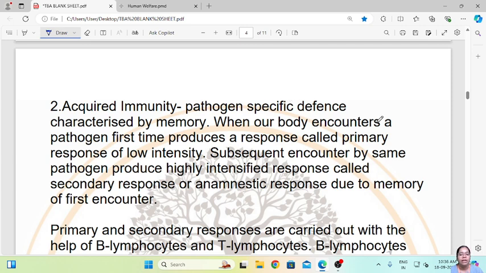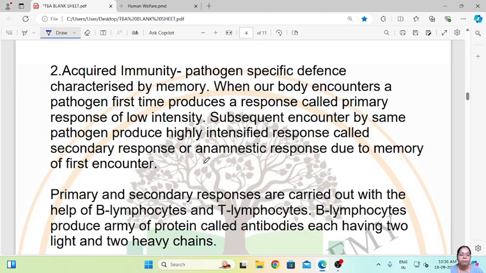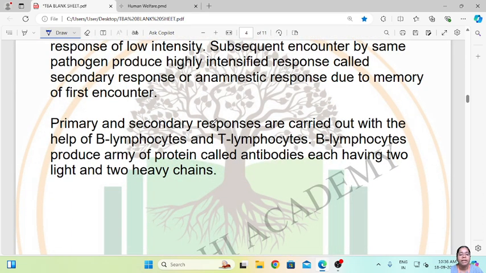When our body encounters a pathogen for the first time, it produces a response called the primary response of low intensity. Subsequently, when encountered by the same pathogen, it produces a high intensified response called the secondary response due to memory of the first encounter. These primary and secondary responses are carried out with the help of lymphocytes, B lymphocytes and T lymphocytes. B lymphocytes produce an army of proteins called antibodies which have two light and two heavy chains.